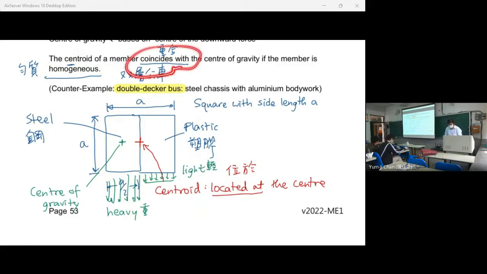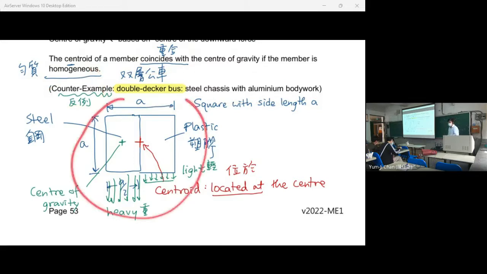Now, of course, I have named one counter example last Thursday. Counter example is 反例. And of course, the double-decker bus is one counter example, and another counter example is the shape here.